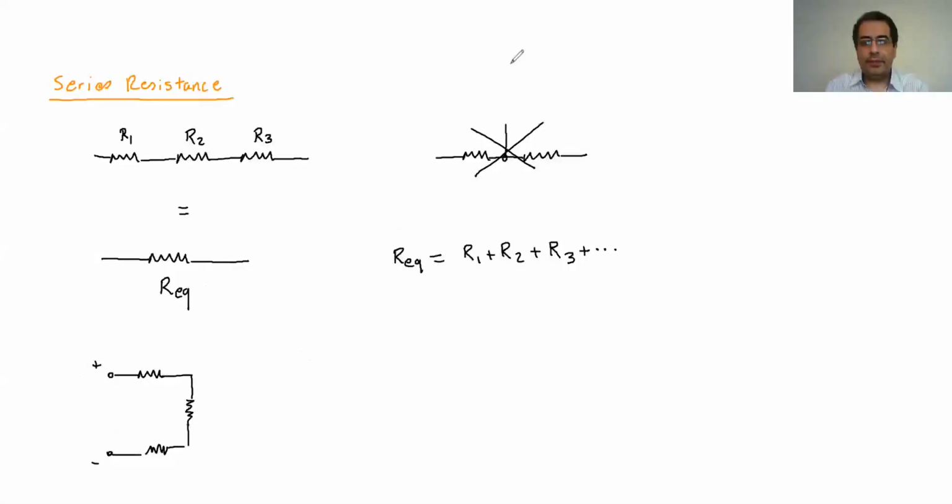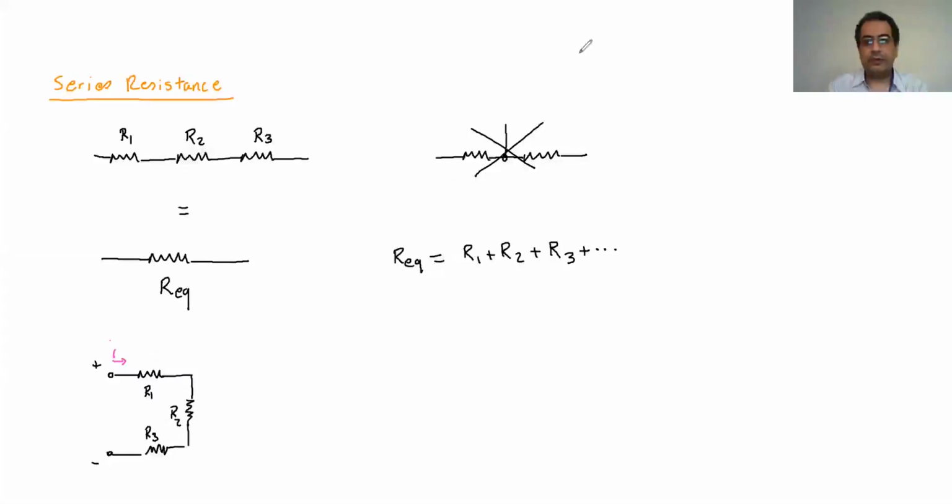The current is I here, through R1, R2, R3. The current goes through all these three is I. So it's I go through R1, I go through R2, I go through R3.